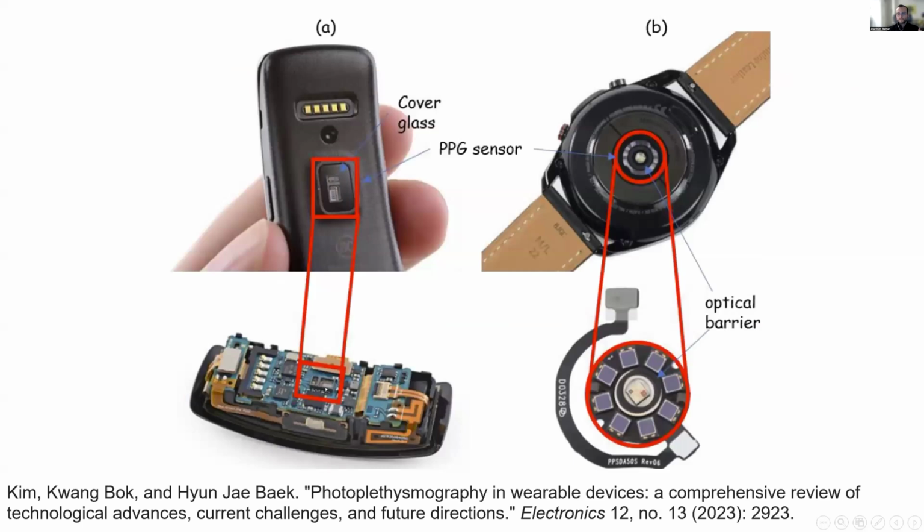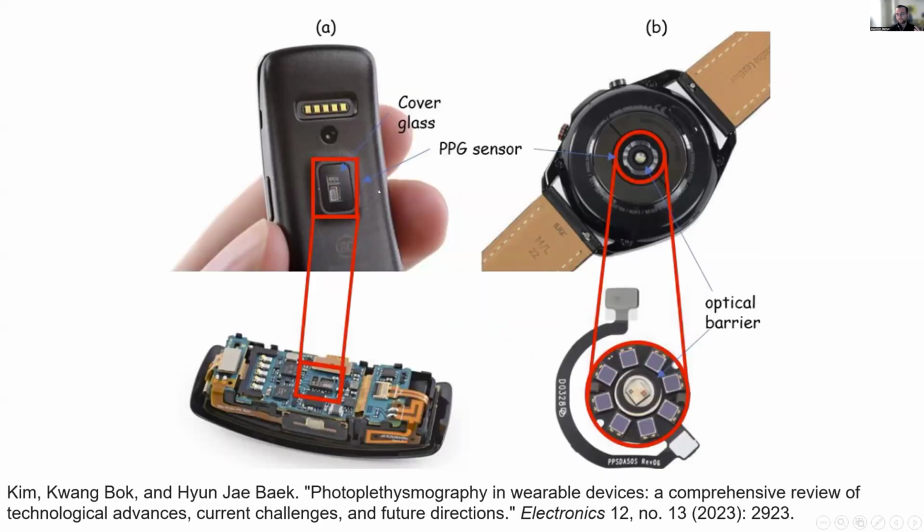Now you will all be familiar with PPG as being measured on wearables, particularly smartwatches or smart rings. If you have a smartwatch with you, take it off, look at the back of the smartwatch, and you will discover these photo sensors and LEDs I just mentioned.